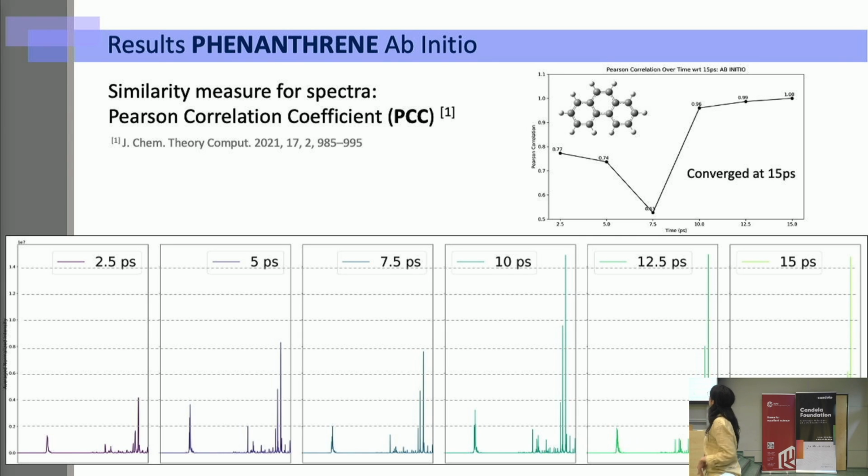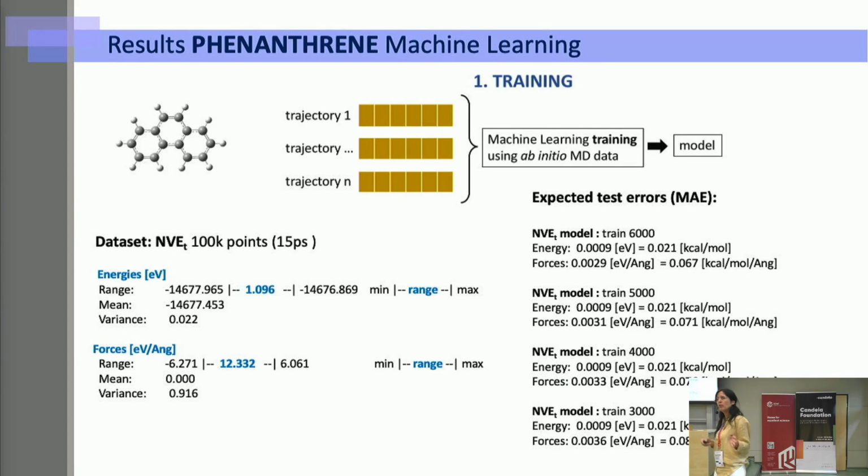These are ab initio results, and we see that already at 2.5 picoseconds the positions of the peaks do not move anymore. So if you are only interested in the positions of the IR spectrum, here you would cut your simulation. But as you let the simulation evolve, you see that the intensities are changing. So you will run until the Pearson correlation coefficient gives you a plateau, so you have a converged spectrum both in positions and in intensities.